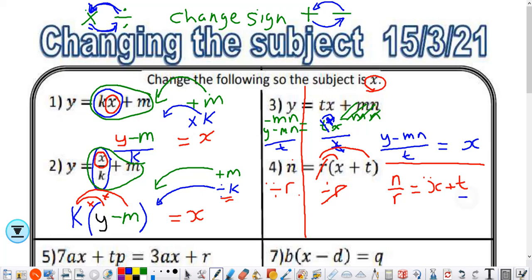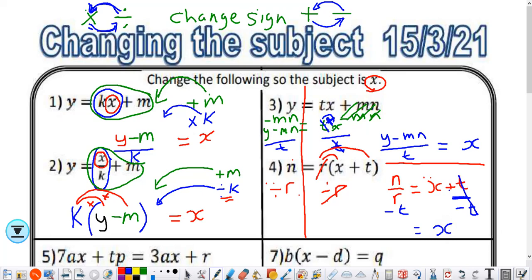And we can see from this point here, it's being added to x. So to make it disappear, I've got one t and I need to take it away. If it's positive, I always do the inverse or the opposite. I take away the t from both sides. And that will leave me, the t's will cancel because it's going to eliminate itself, and just leave me my x.